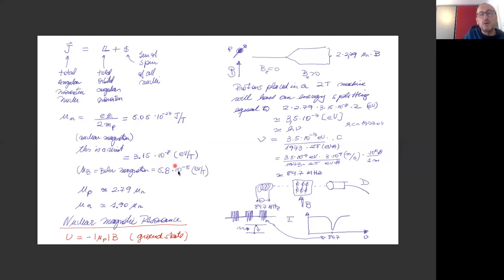It is on the order of 10 to the minus 3 smaller. Why is that? Because the mass of the proton is 2,000 times the mass of the electron. So if I plug this in here, the Bohr magneton before was 5.8 times 10 to the minus 5. This is 3.15 times 10 to the minus 8. So it's a very small number, okay? But it's very useful actually, and you'll see why.